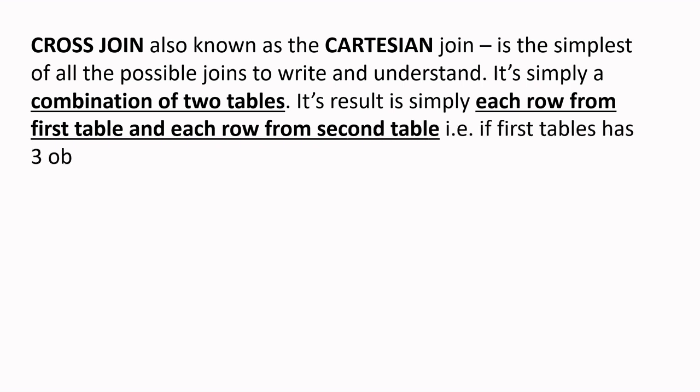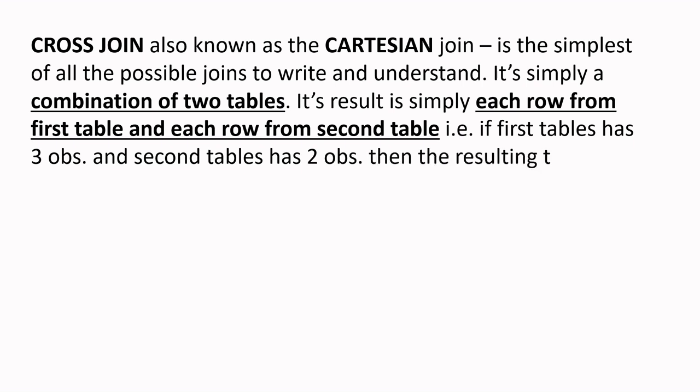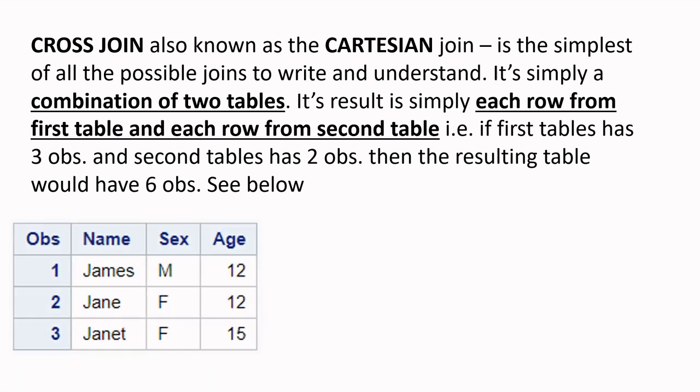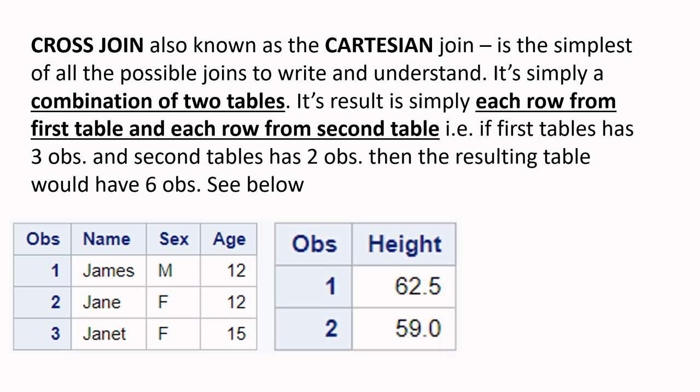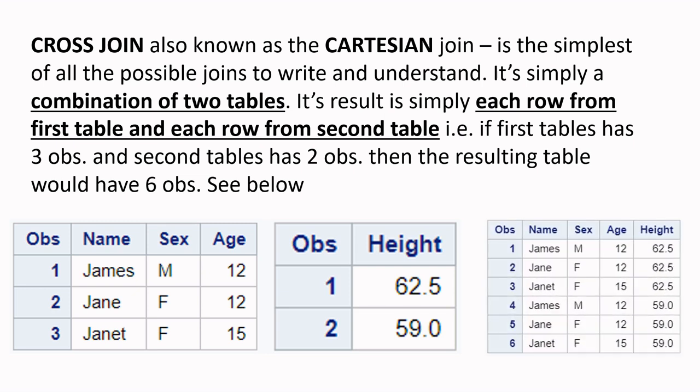That is, if the first table has 3 observations and the second table has 2 observations, then the resulting table would have 6 observations. Let's see below. This table has 3 observations, James, Jane and Janet. And here we have 2 observations which are height. So what will happen if you join these two with a cross join? You would have this kind of result.